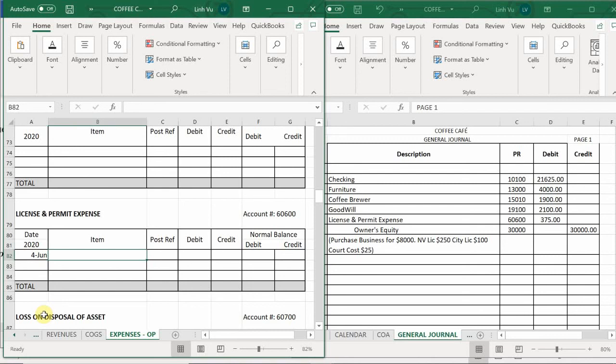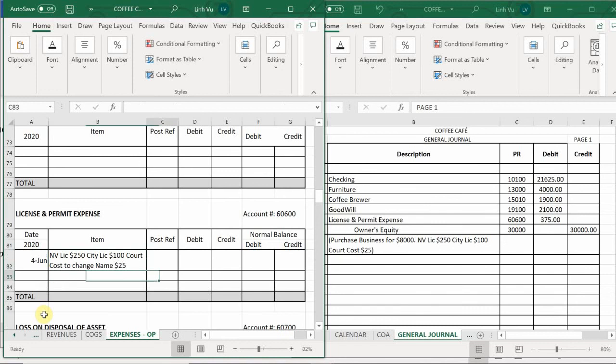Your state license was $250. My city license was $100. And I had to pay court costs to change the name of the business, which cost me $25.